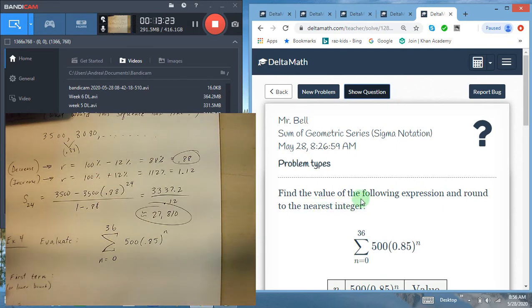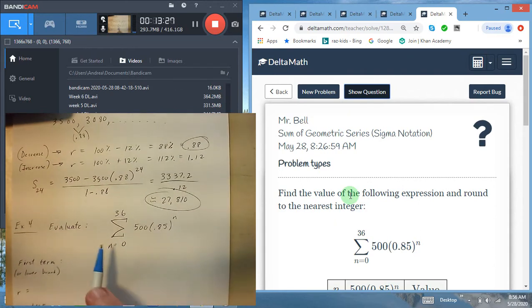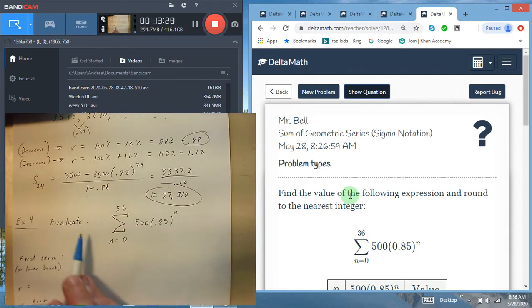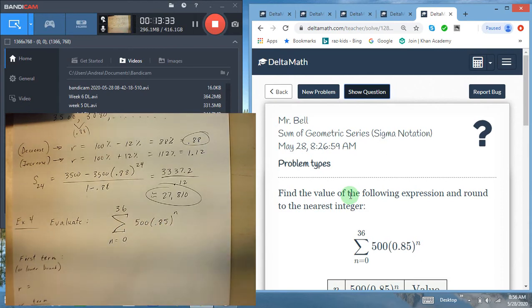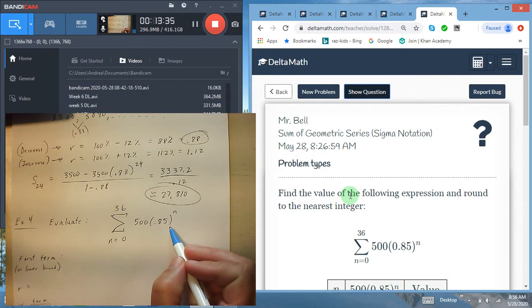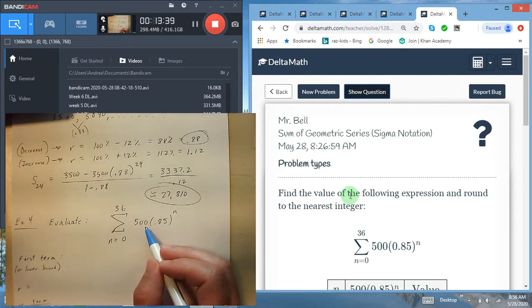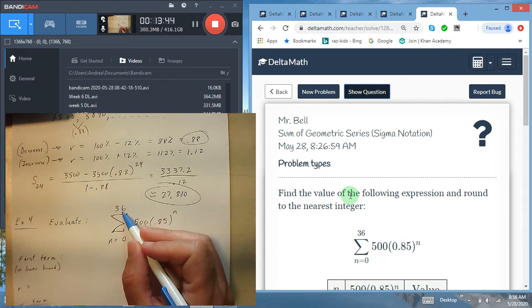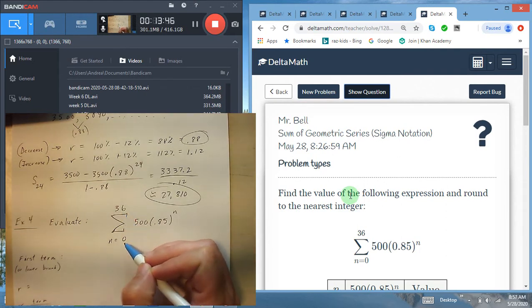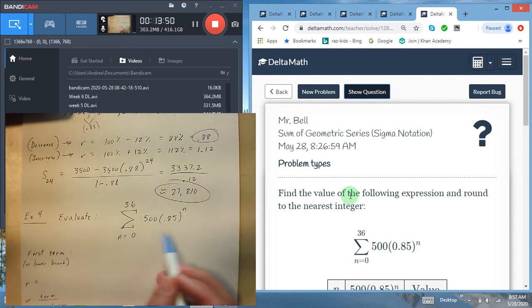Now in my example, I said evaluate, because we talked last week about how you read this. This is basically sigma notation. Anytime you see it, it's going to mean find the sum of this sequence or this formula from your lower bound to your upper bound. So to find our first term, or lower bound, we need to plug in 0 into this formula.